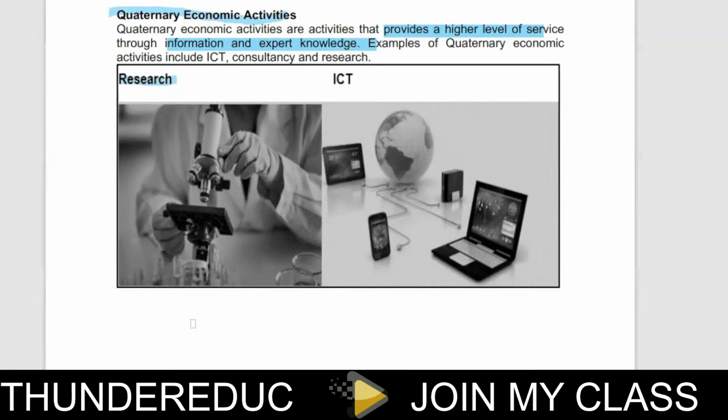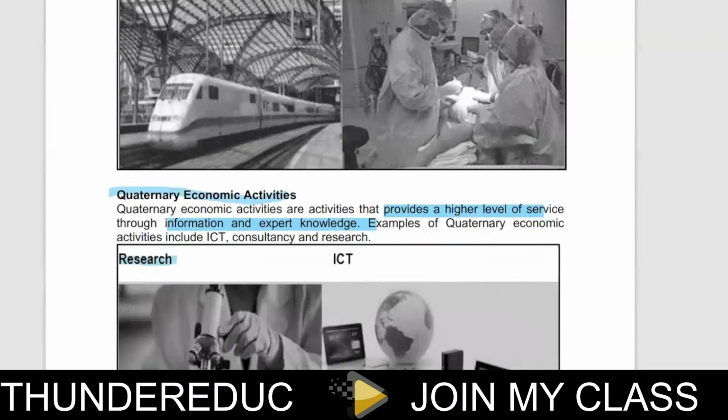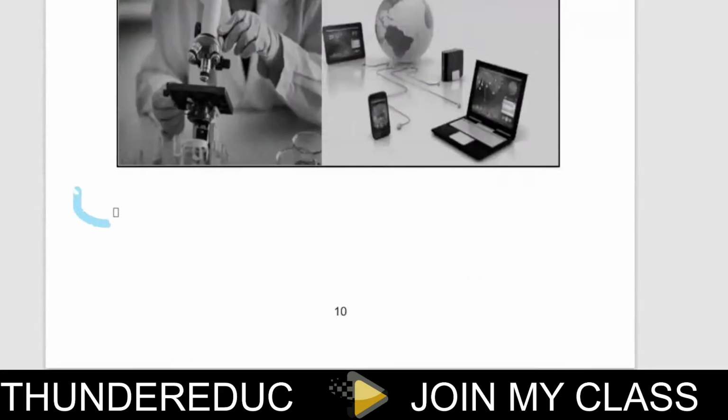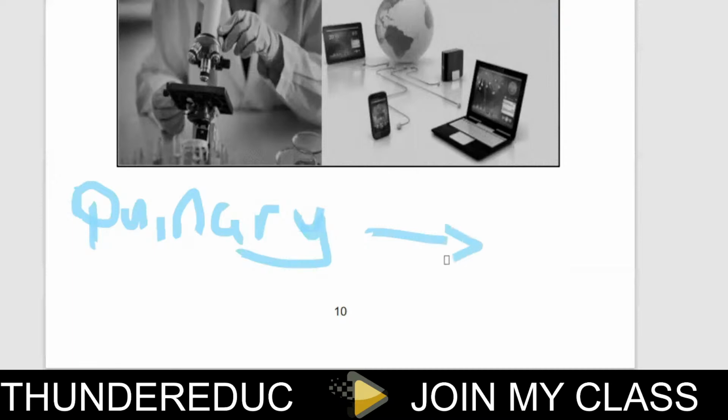Now, the last sector that I can talk about, which is not here but is also important, is what we call the quinary sector. So what does the quinary sector do? It basically deals with decision making. You see, these ones are doing research, they come up with something new, but they don't make decisions. The decisions are made by some other bodies. For example, the judiciary takes decisions.